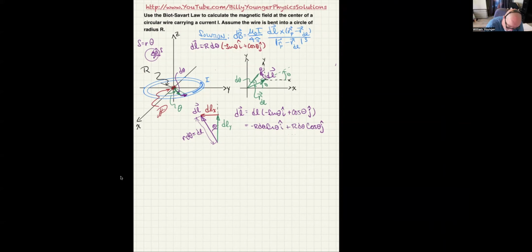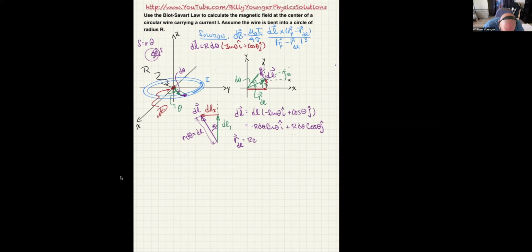Now, additionally, as we look in this second diagram that I did, we can also see that our R dl has that as an x component and has this as a y component. So that also allows us to go ahead and say our R dl will equal, notice the magnitude of the vector is just going to be R because it points from this origin to the circular wire, and the radius of the circular wire is R. So all I have to do is take the magnitude of R dl, which is R, and multiply it by cosine theta to get the x component.